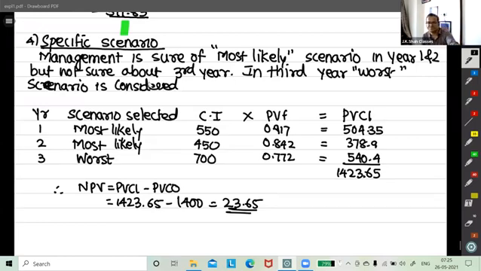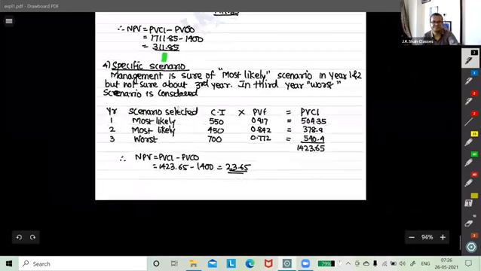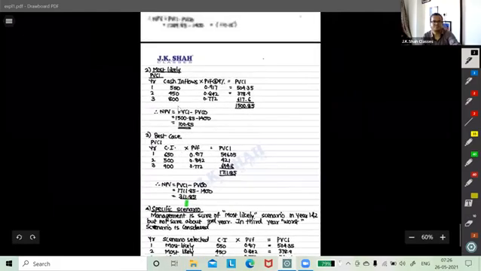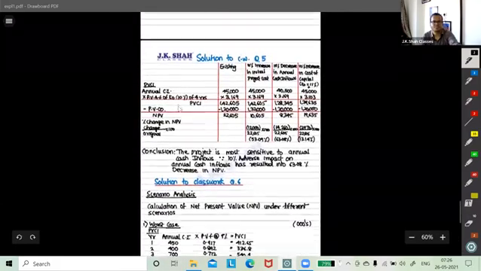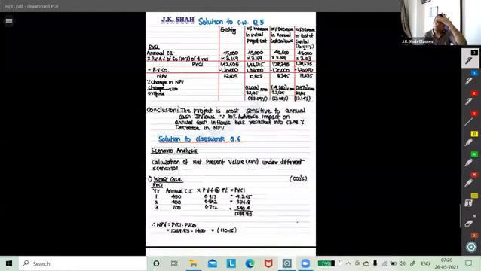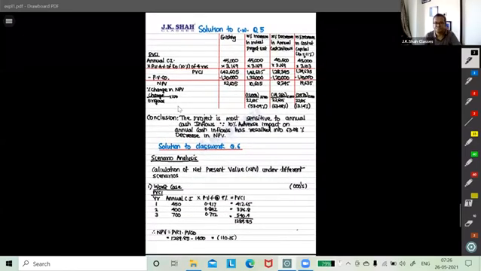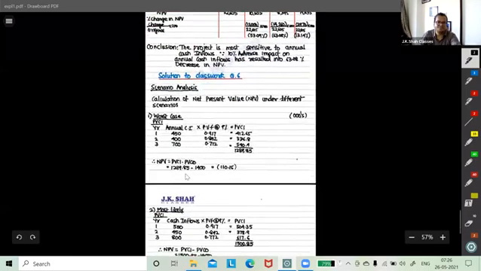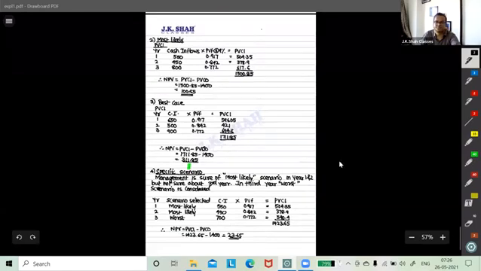Good. Screenshot, yeah. I'll scroll to the next page. Done.